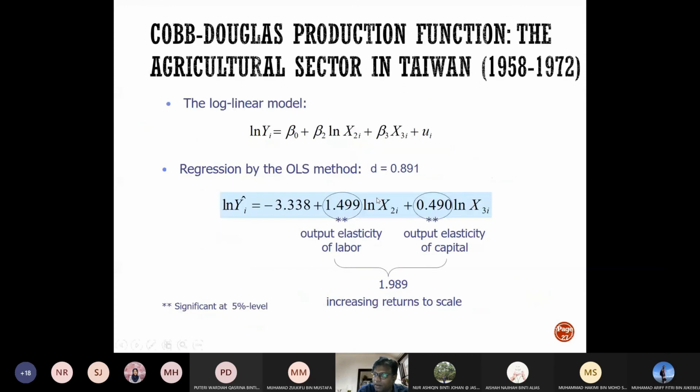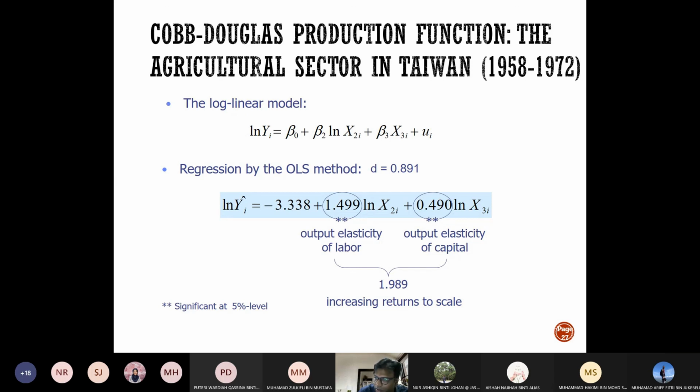Now take this example, which is a real application. This is a model taken from the agriculture sector in Taiwan between 1958 and 1972. The log linear model is given in the slide.